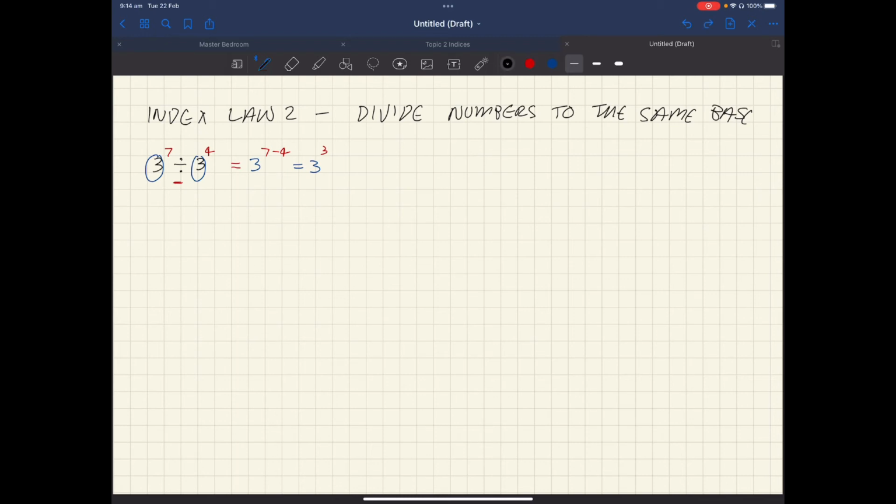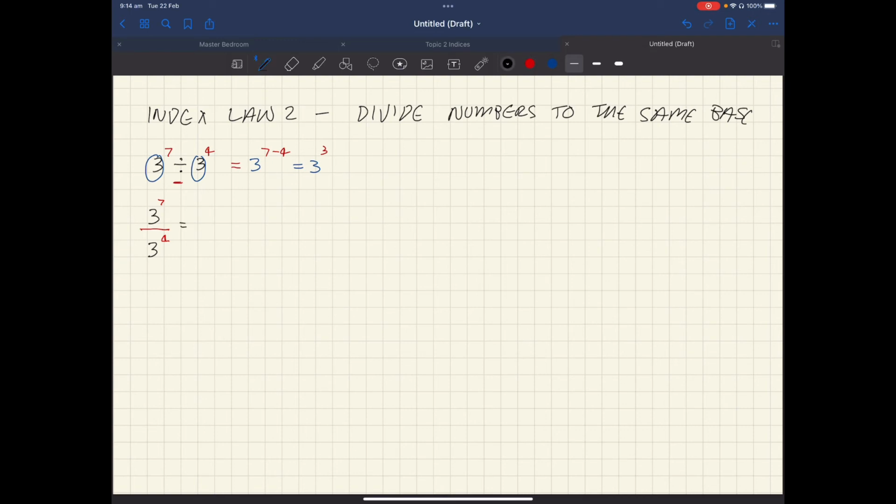Remember, we could write this slightly differently. 3 to the power of 7 divided by 3 to the power of 4. This means exactly the same thing. It means dividing.